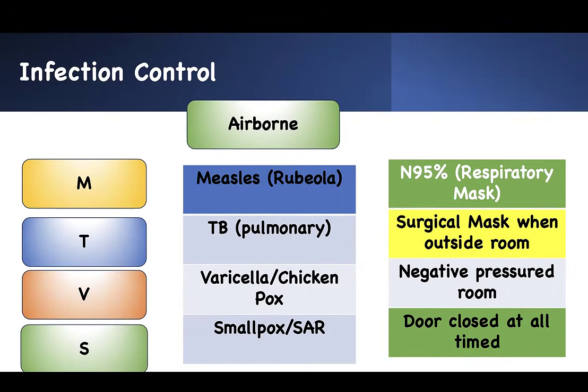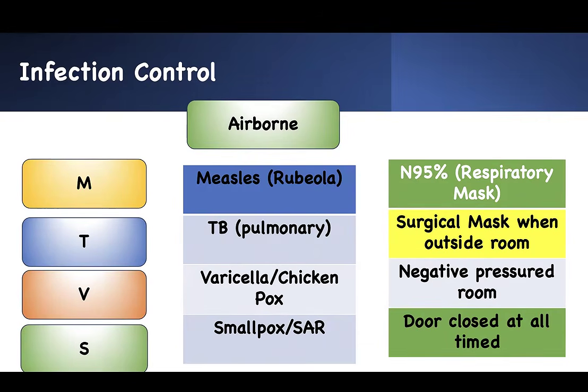You cannot leave it open. You have no choice. The main door is closed. There's a secondary door that you can use to enter into the client's room, but the main door is closed. This is all you need for airborne precaution. I try to make things as simple as possible, and that is Adapt NCLEX content simplicity.